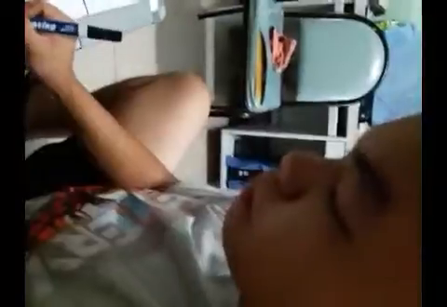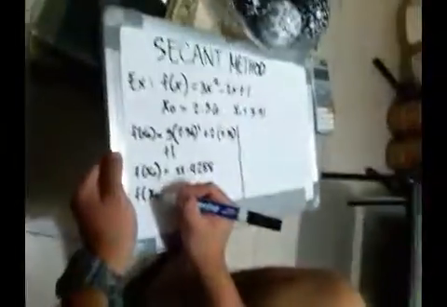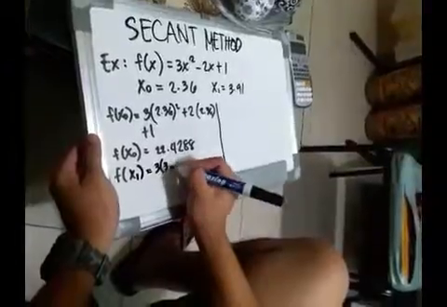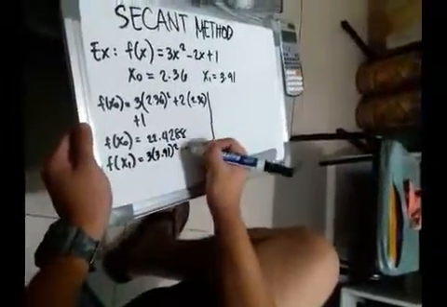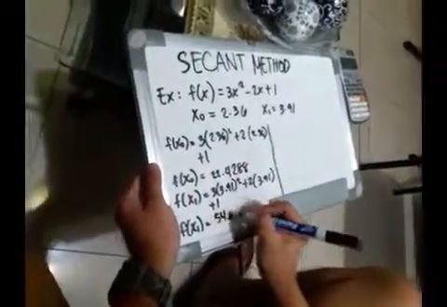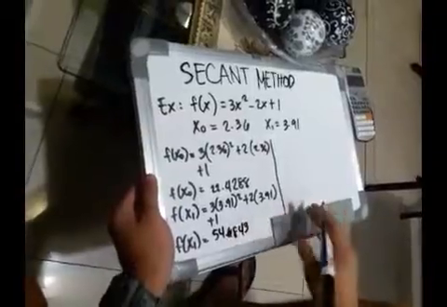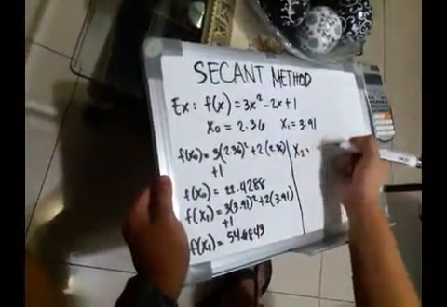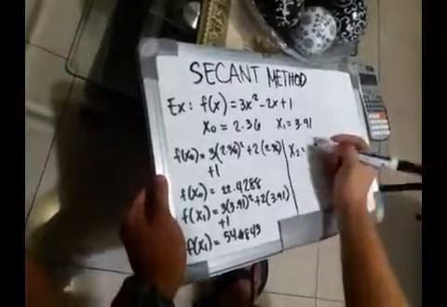For f(x sub 1), it is equal to 3 times 3.91 squared plus 2 times 3.91 plus 1. f(x sub 1) is equal to 54.6843. And to get the x sub 2, we'll be using the formula given.